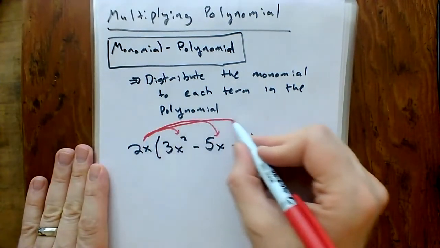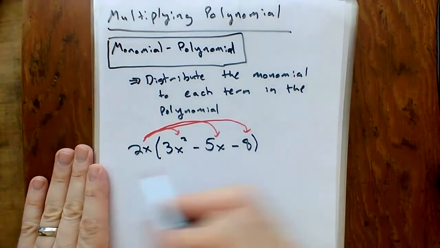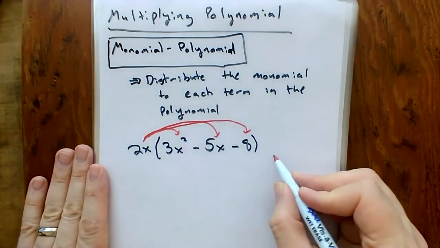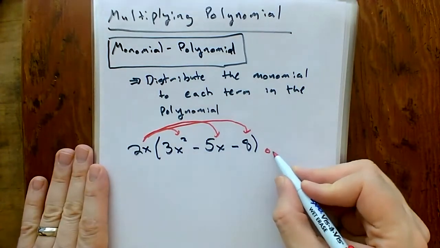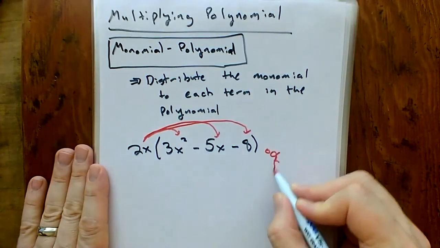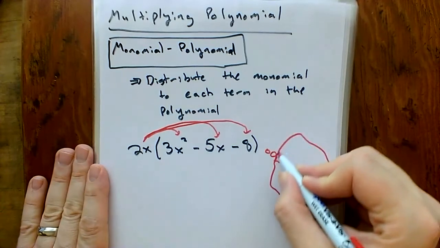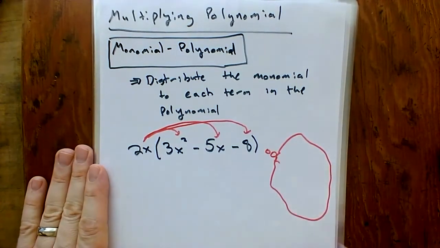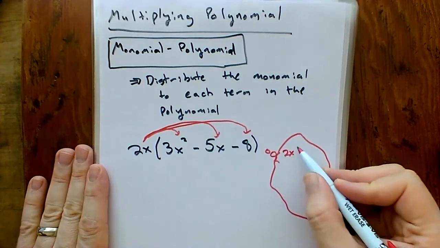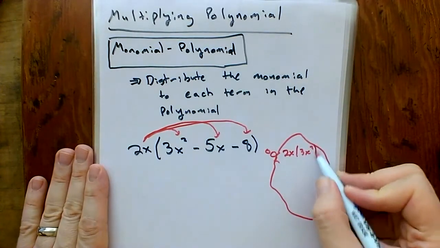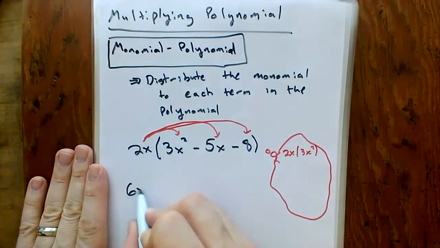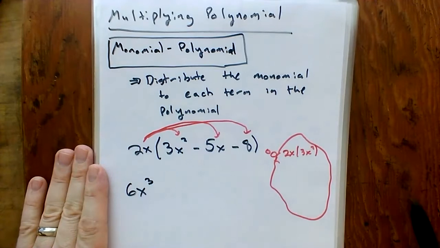inside by 2x. Now, I usually leave this step as something that you do just in your head. So when we do this, we're thinking, oh, this is 2x times 3x squared. Oh, 2x times 3x squared is 6x cubed.